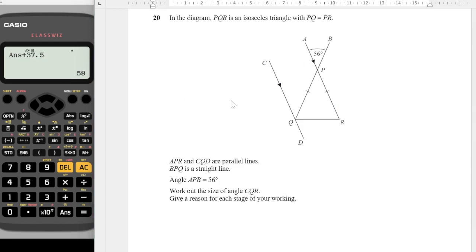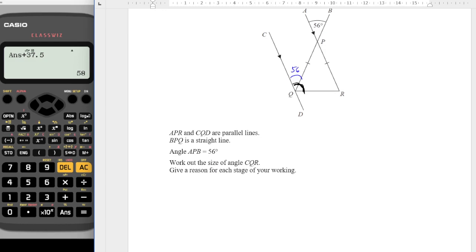Okay, question 20. Diagram PQR is an isosceles triangle. We're told these two sides are the same. And we're told this angle here. Work out the size of CQR, so let's mark that on. C to Q to R, so we're after this angle here. Okay, so I'm going to start by saying that this angle here is going to be 56. So I'm going to describe that as the three letters that it involves.